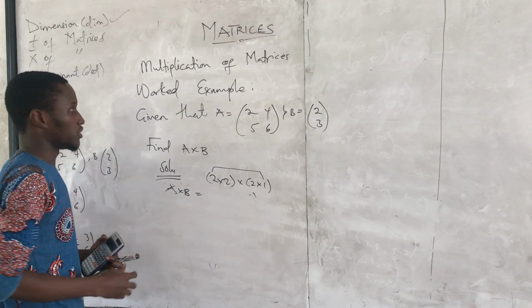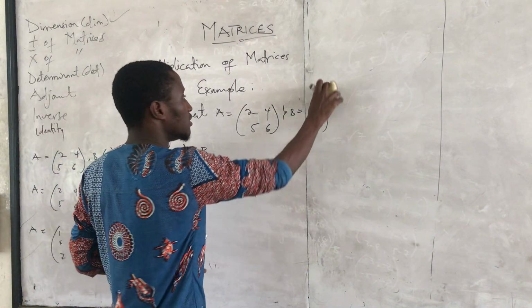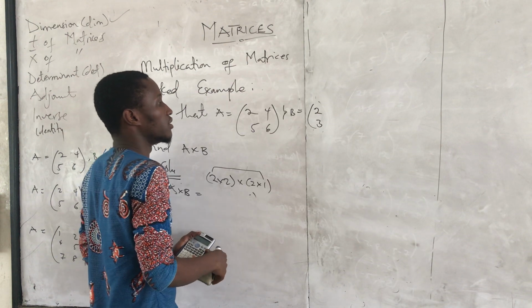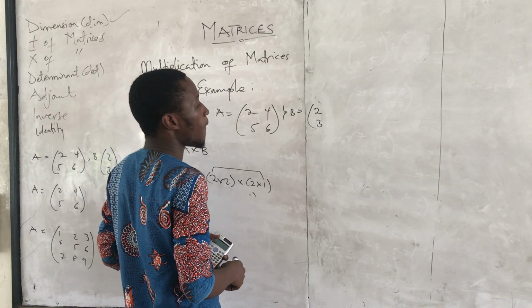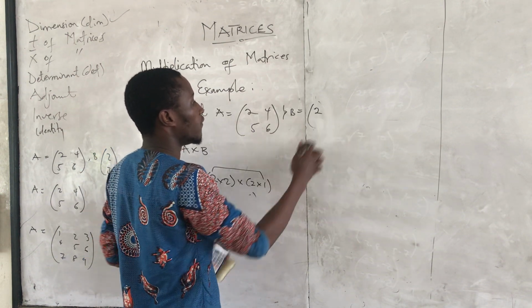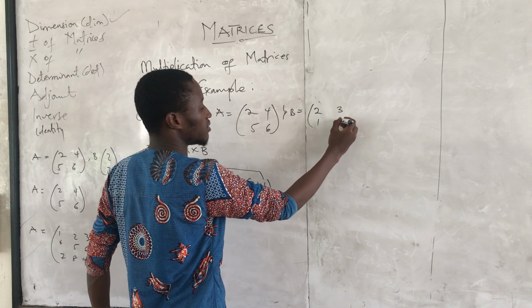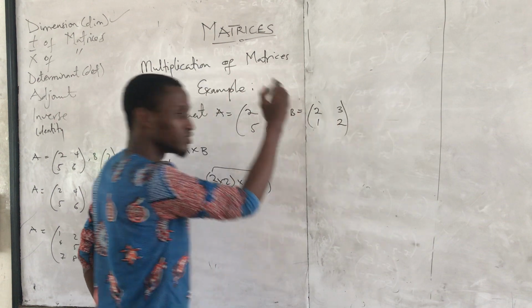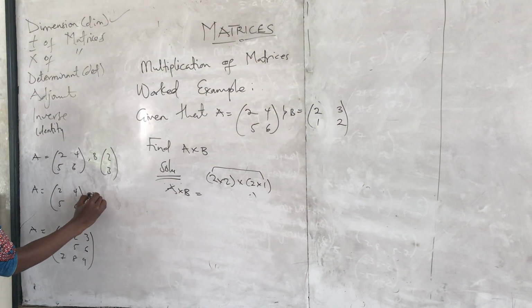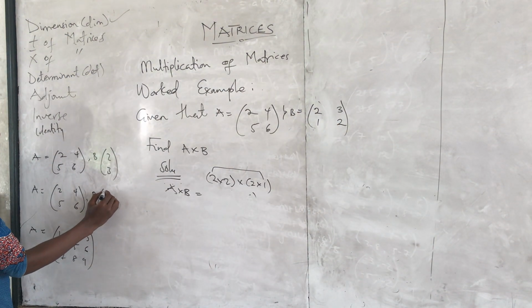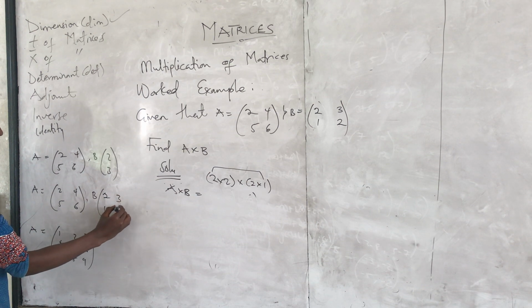So what we are going to do, we are only going to change the B. So the B will make it 2, 2, 3, 1, 2. So I'll write it here because when I come to the calculator trick, I may like to use the same thing.